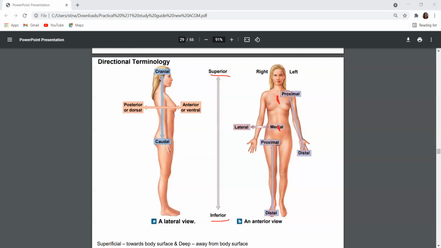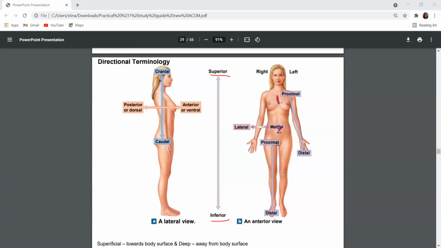Okay, so let's go over both of those again. If we're saying, what is our sternum, number 1, to our belly button, which is number 2 here? Our sternum is superior to my belly button. But if we flip the sentence again, now we say my belly button is what to my sternum?